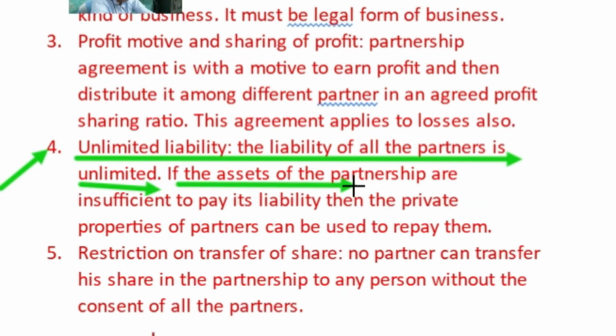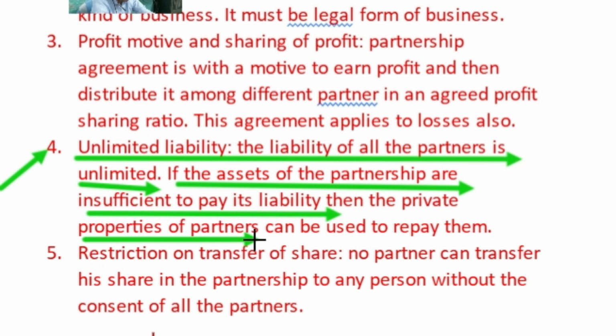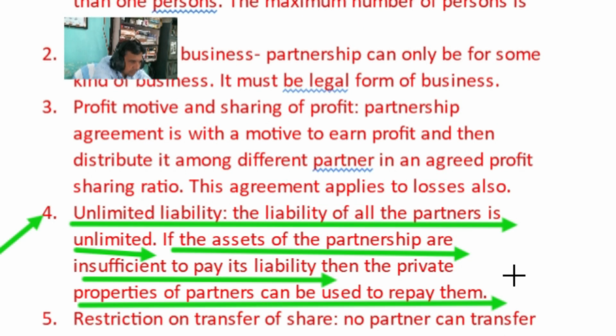If the assets of the partnership are insufficient to pay its liabilities, then the private properties of partners can be used to repay them. If the assets of the firm are not sufficient to pay the creditors of the partnership firm, then the personal property of the partners shall be attached or used to pay the creditors, and that is why it is called unlimited liability.